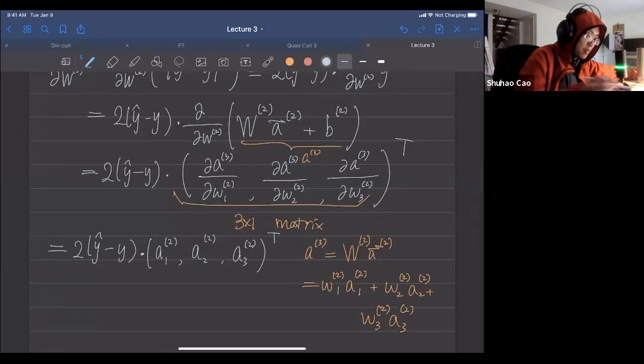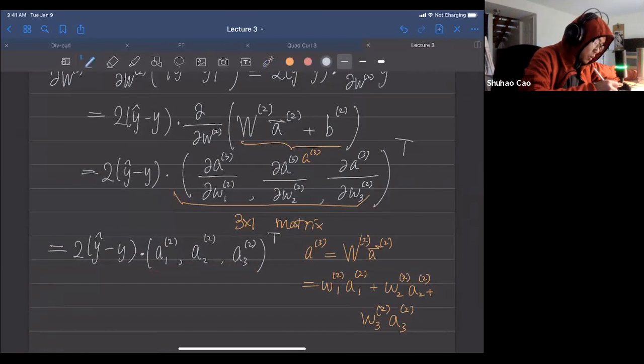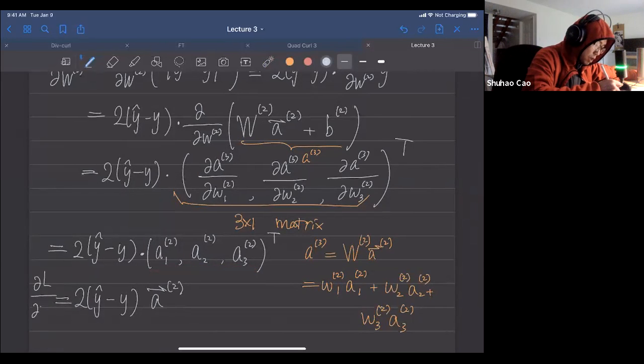And what is this? This is actually the output of the second layer. So this equals 2 times A2, and this is partial W2 L.